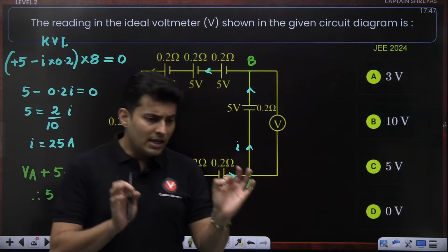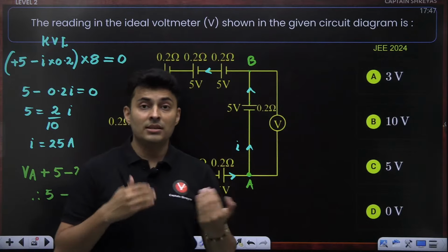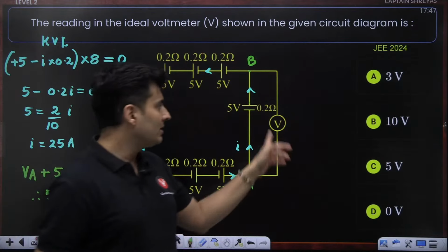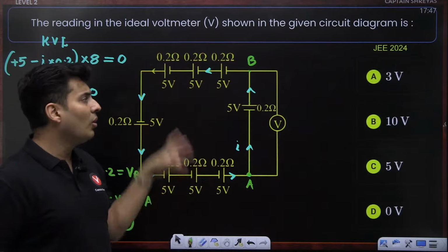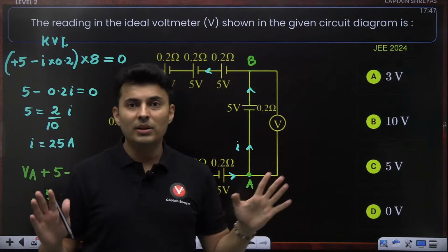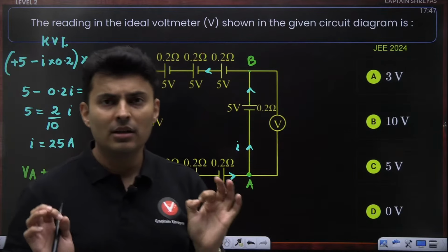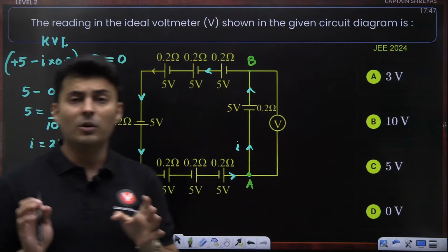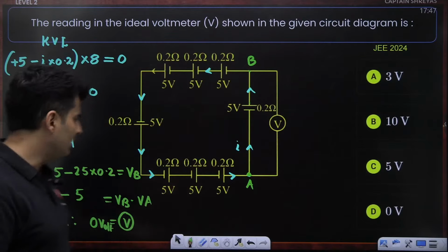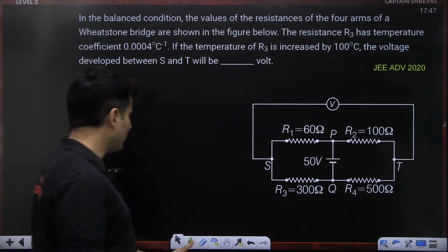It silently comes, measures the voltage, that's it. It does not make any changes in the equivalent resistance. Or else if it had some resistance, it would change the whole characteristics of the circuit. Some current would go through it, the whole thing would change. So an ideal voltmeter does not affect the circuit. That is the reason you can think of it like a very, very large resistance. So just like we ignored it over there, why not ignore it over here also?